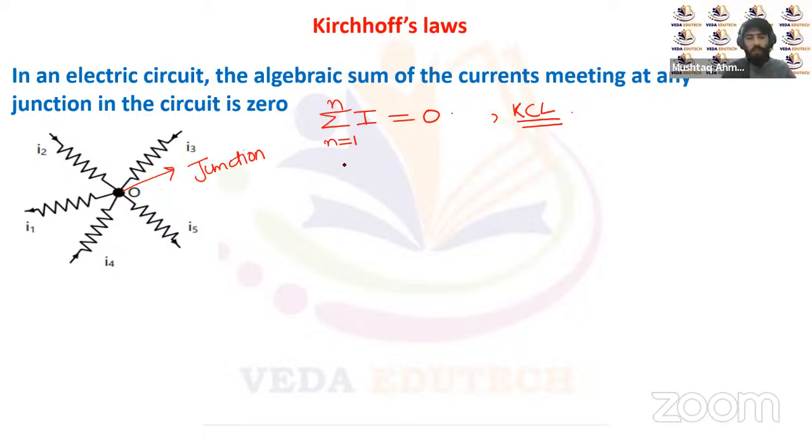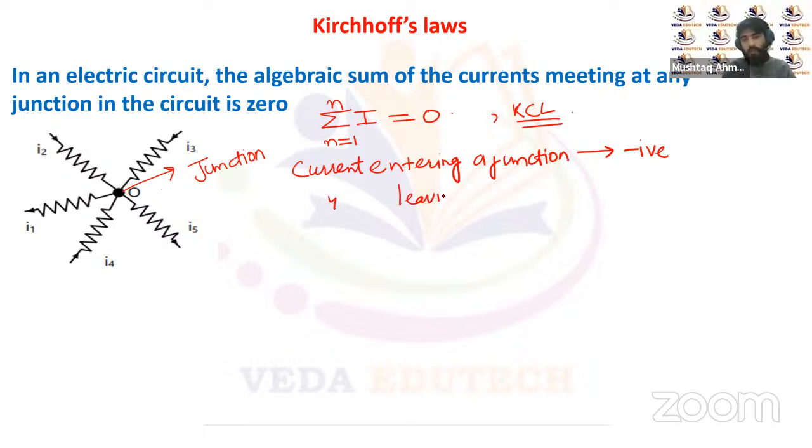So the convention is that current entering a junction will be taken as negative, and current leaving a junction will be taken as positive, right?